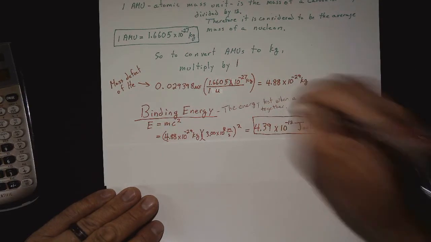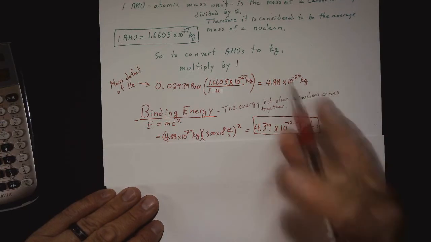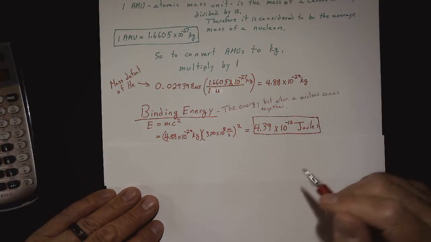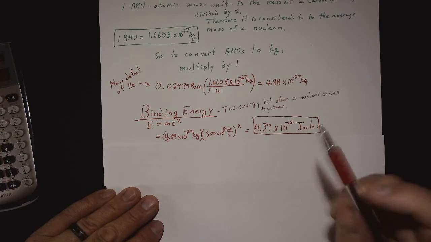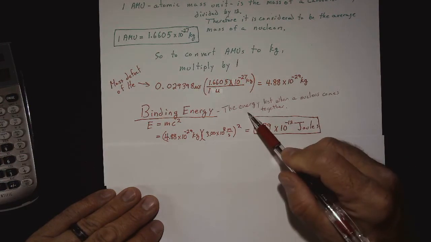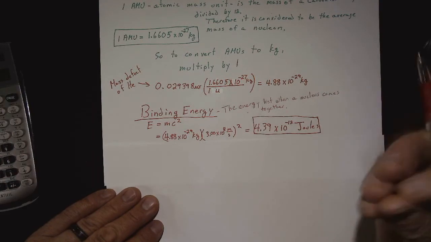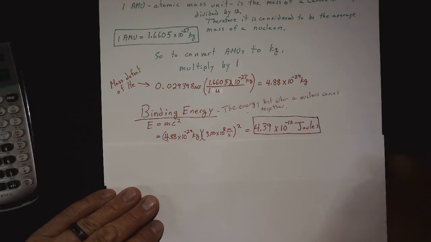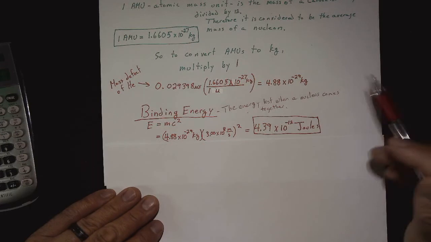Is there any place where you could look and see binding energy happening right now? Hey, it's daytime. Go outside, look at the sun. The sun shines because of this binding energy. All these nucleons falling together and giving off energy, that's what makes the sun and all the stars shine.